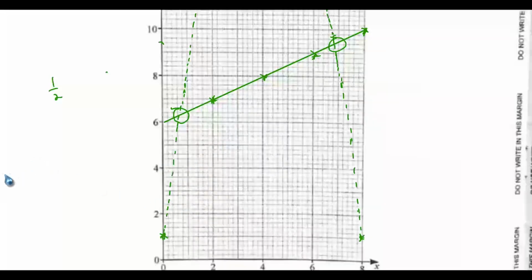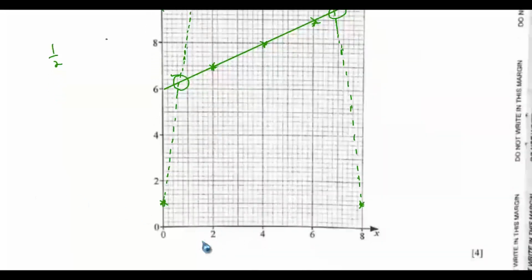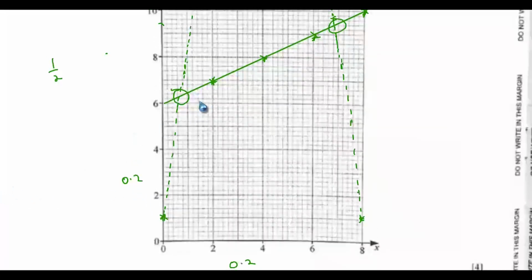If you need to get the value of a line here, the first unit here is 2. So 2 divided by 10 is 0.2. The first unit here is 2, and 2 divided by 10 is also 0.2. That will help you. If you take this point here, the value of x is around here. You trace this one down.